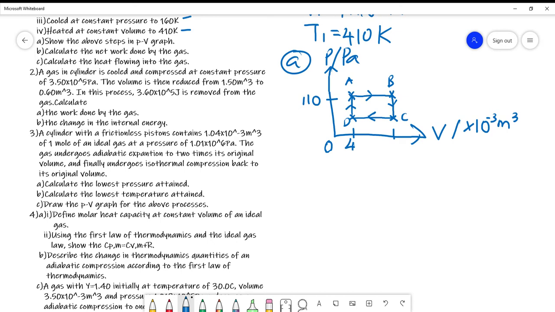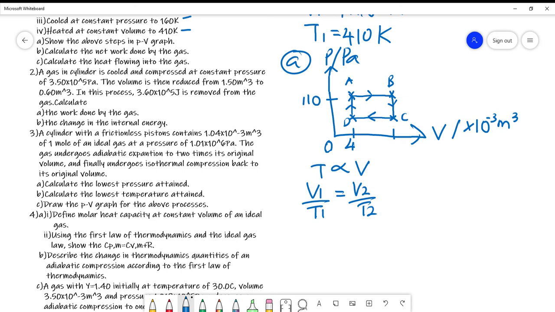So let us think about another formula, which is T is directly proportional to V. Sorry. So our formula is V1 over T1 equals V2 over T2.